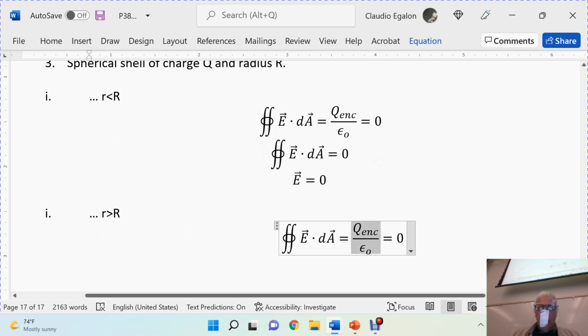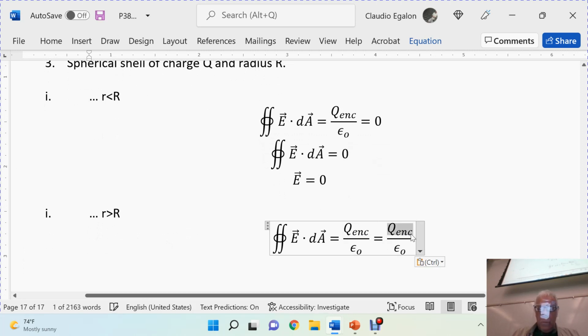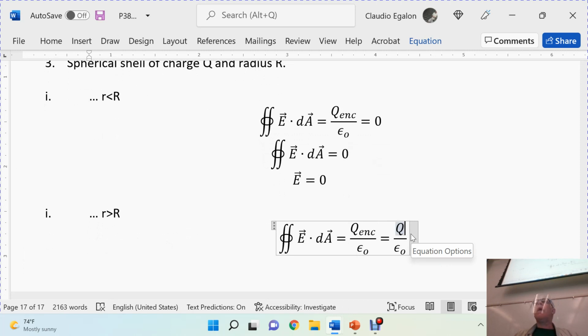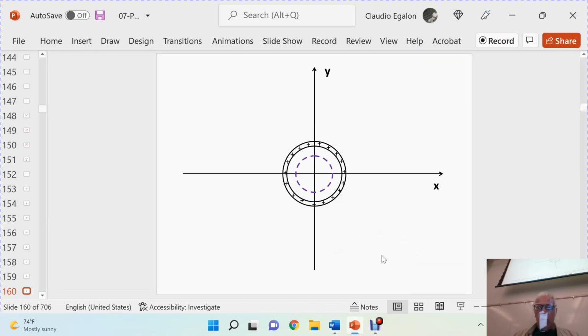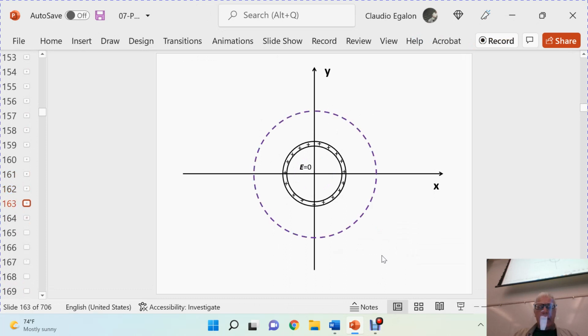The charge enclosed is going to be Q. The problem has spherical symmetry, so we can expect that the magnitude of the electric field at this spot is equal to the magnitude here, and so on. And the problem is solved just like the one for the point charge.